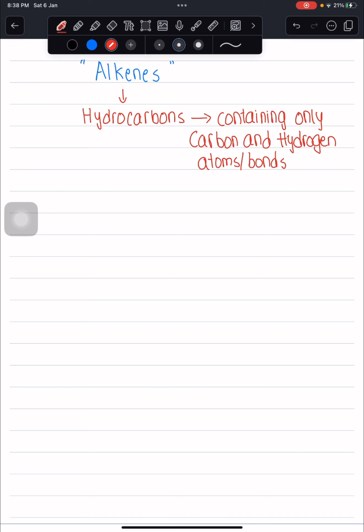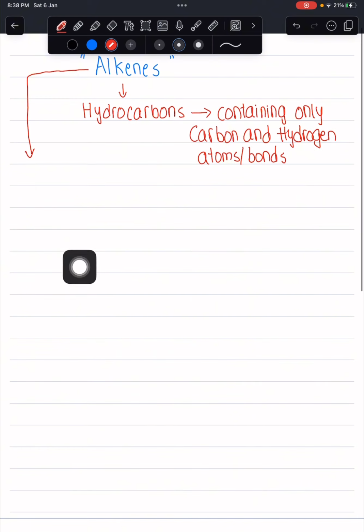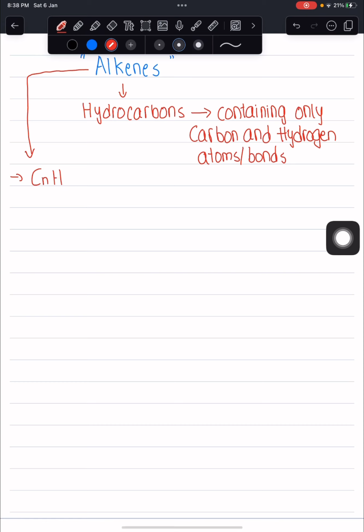Now let's talk about the general formula of alkenes. So the general formula for alkenes is CnH2n. We'll see what this n means. I guess if you have watched the videos regarding alkanes, I'm pretty sure you know what exactly this n means.